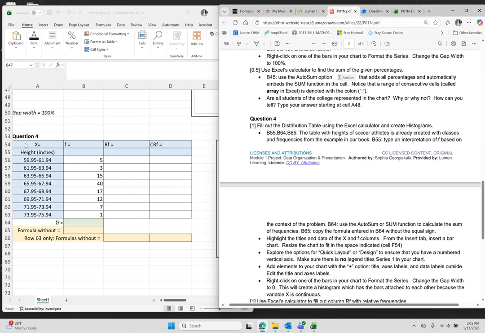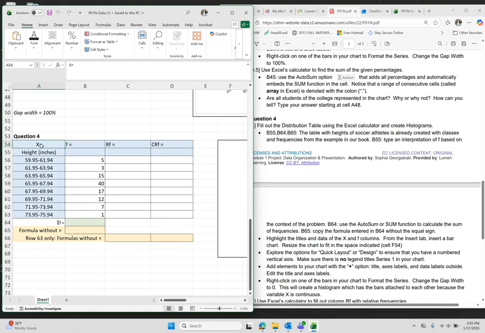So here we can see that the variable x is the height in inches, and we have classes of heights 59.95 to 61.94 inches, 61.95 to 63.94, etc., up until the tallest height class, which will be 73.95 to 75.94.